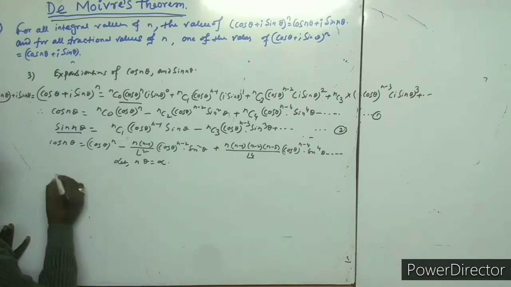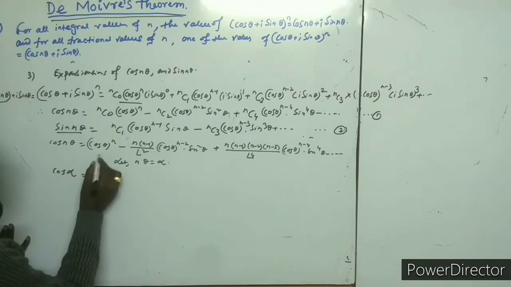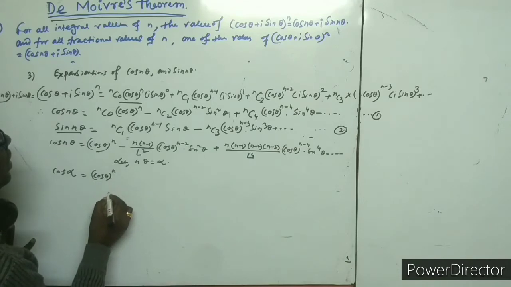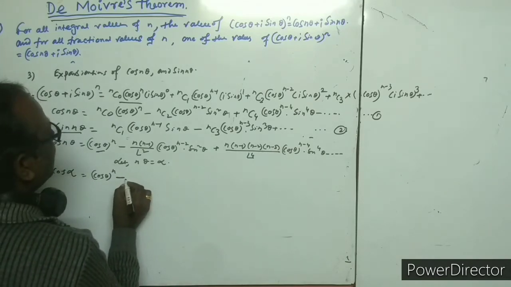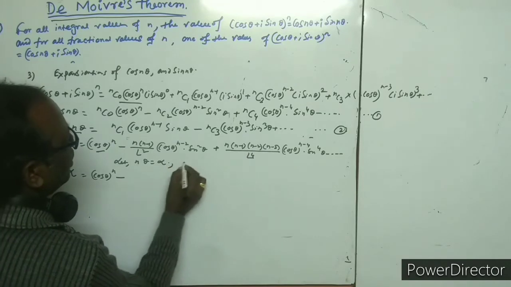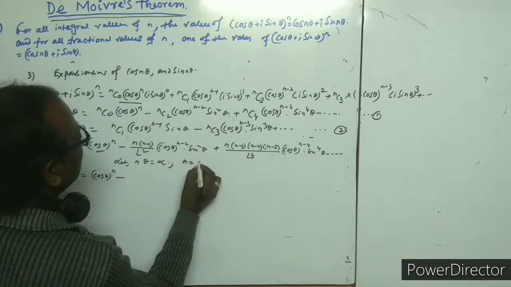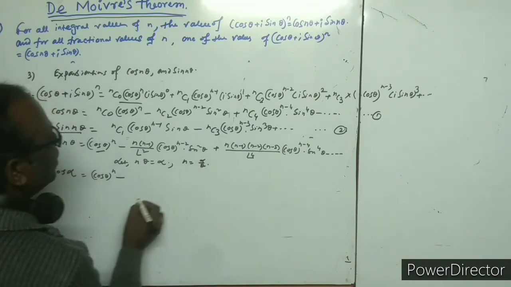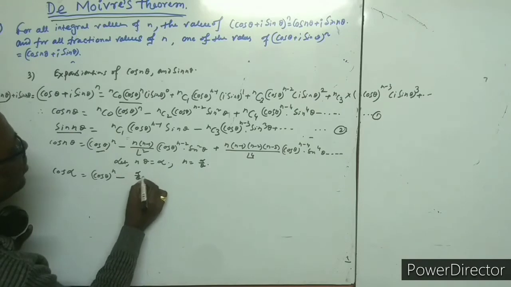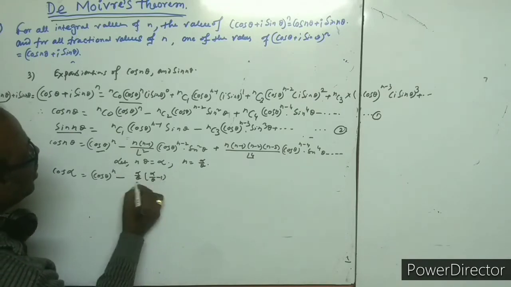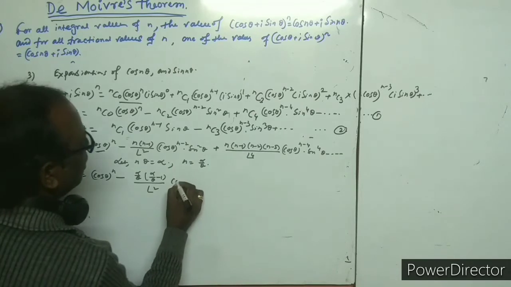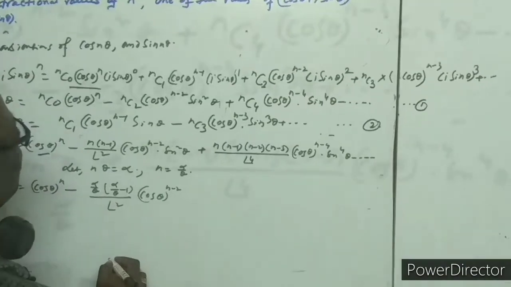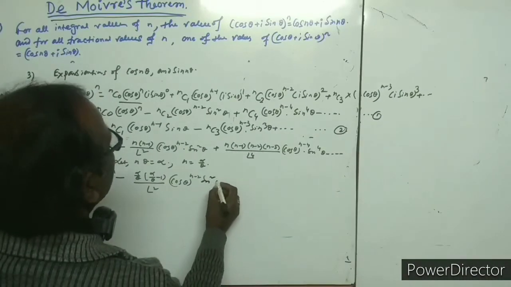So this is equal to cos alpha. Here n means alpha by theta. So this is alpha by theta into alpha by theta minus 1 by factorial 2, cos theta to the power n minus 2 sin square theta.